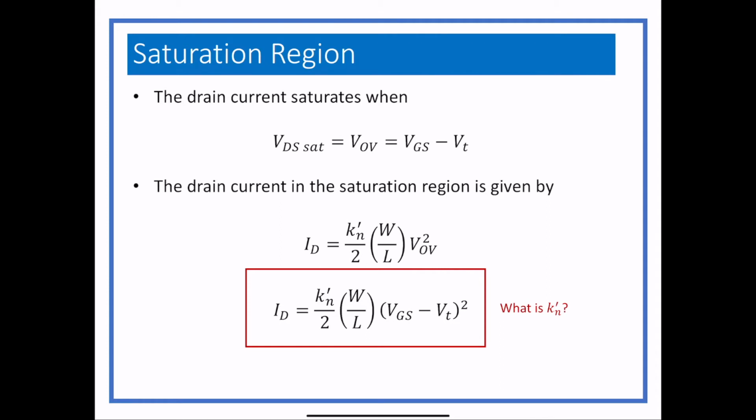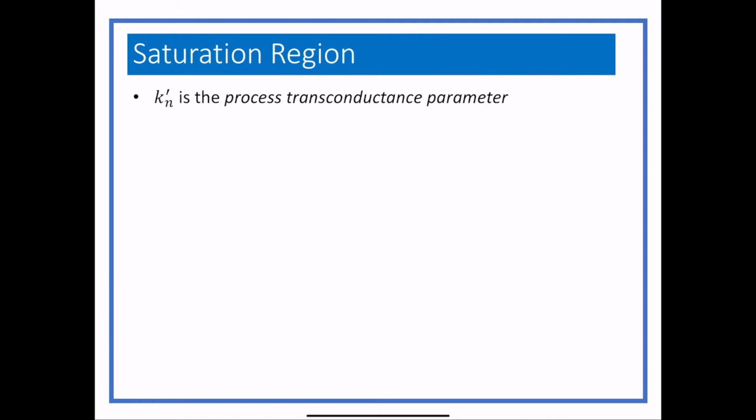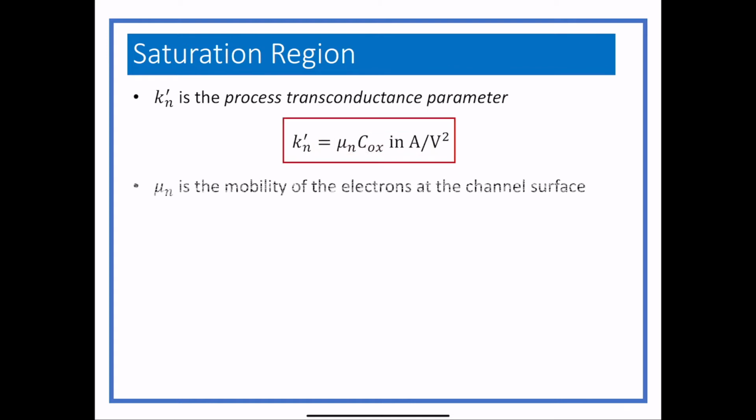So the question is, what is the value of Kn? That is known as the process transconductance parameter. And that is just a combination of the mobility of the electrons and the capacitance of the gate. We talked a little bit about the capacitance of the gate last time. And if you multiply them together, that's what you get. You get this process transconductance parameter.